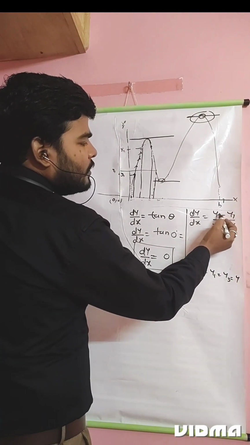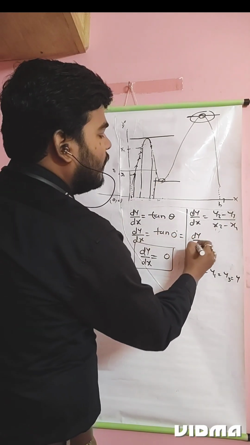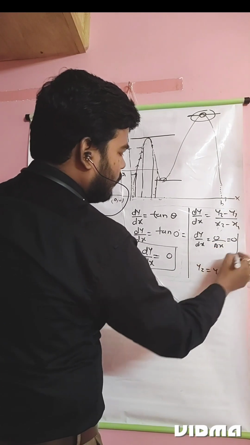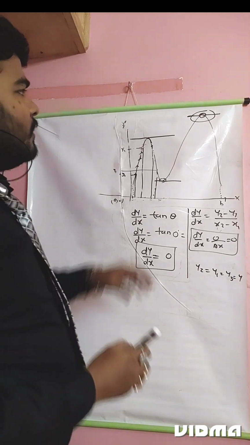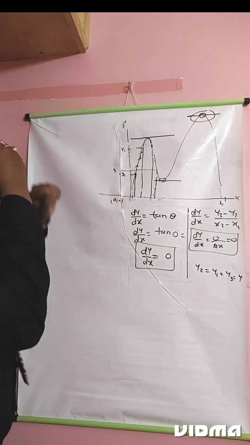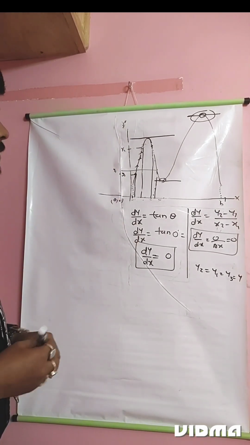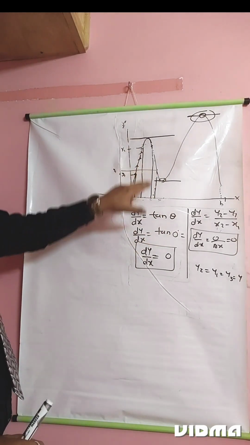The difference between two similar values is always 0. So we get dy by dx equal to 0 upon delta x, which is also equal to 0. I think you can understand very well why dy by dx is 0 for the maxima and minima.